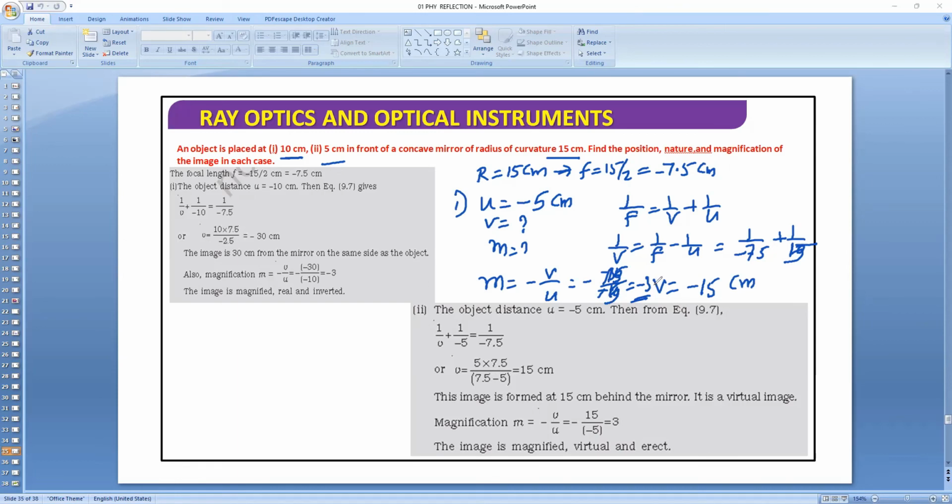So the magnification is magnified, positive 3 here, because minus of minus will be cancelled. Image distance we got plus 15. Now M is equal to 3, which means magnified, virtual and erect. The plus symbol indicates erect.